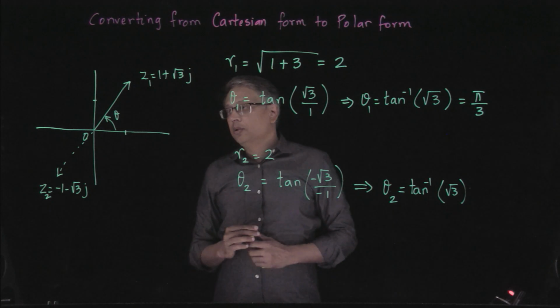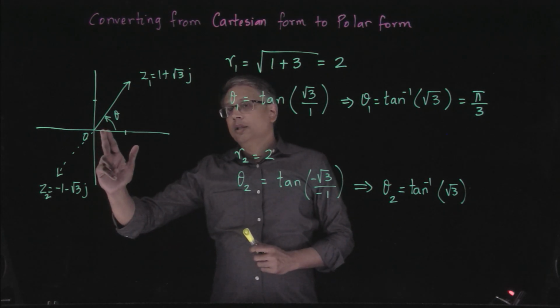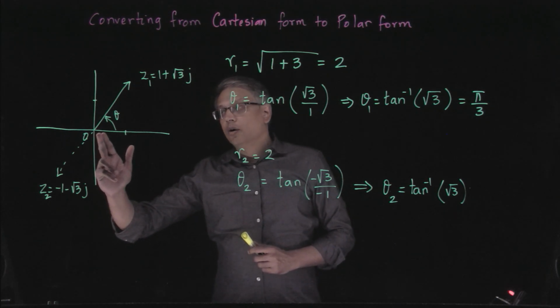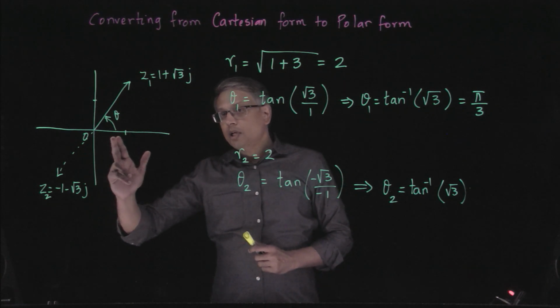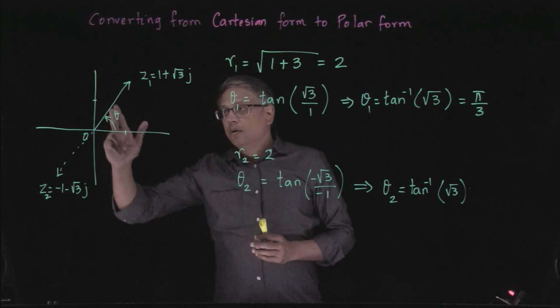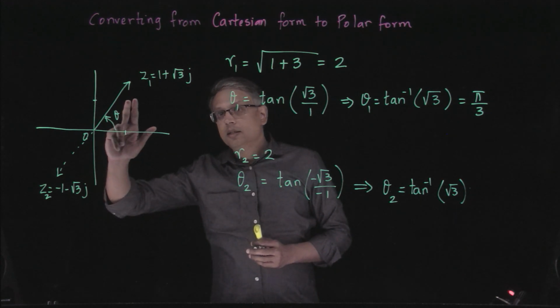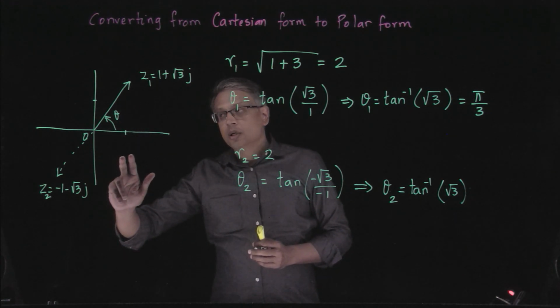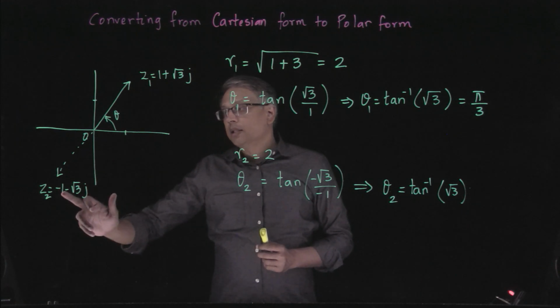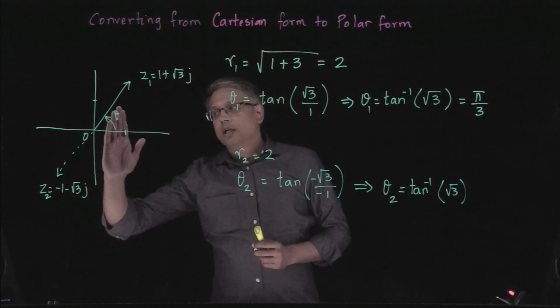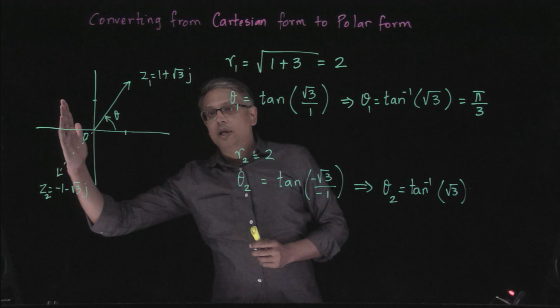And the easy way to do that is if you think about the sign of the real part. So these calculators are typically going to give you only angles that correspond to the complex number lying either in this quadrant or in this quadrant. But you know by looking at the sign of the real part that the complex number is going to lie to the left of this y-axis.